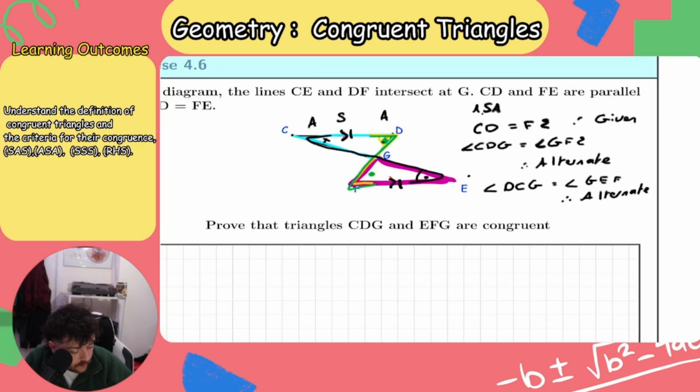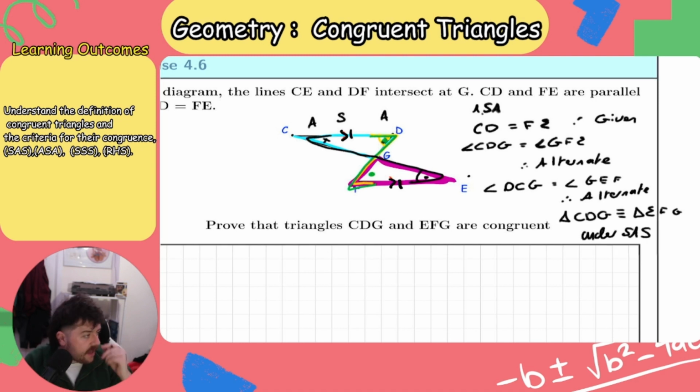Therefore, triangle CDG is congruent to triangle EFG under SAS, and that's the rule I proved it under. I proved my first thing, my second thing, my third thing, and now I say what rule I used. And that's as hard as it would get. Sorry, that's a lie. Not under SAS, under ASA, angle, side, angle. And that's it.